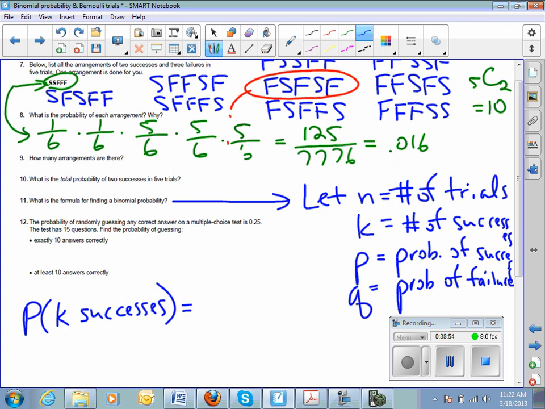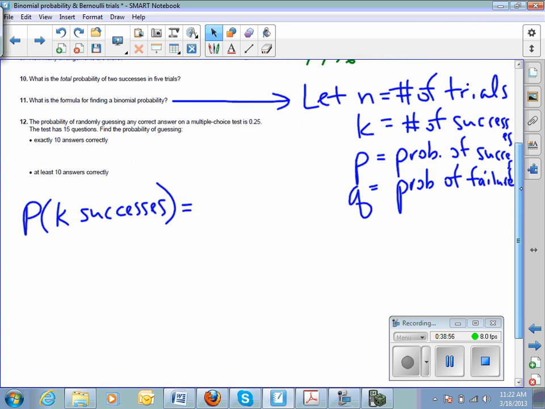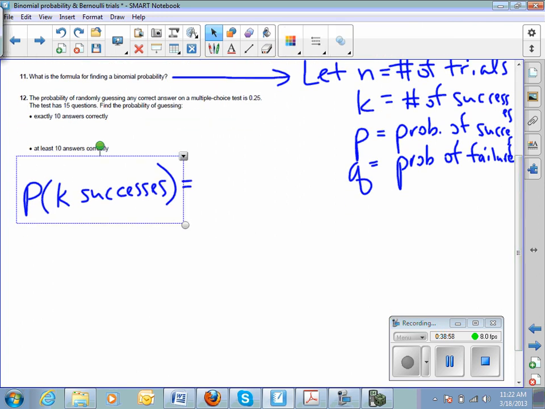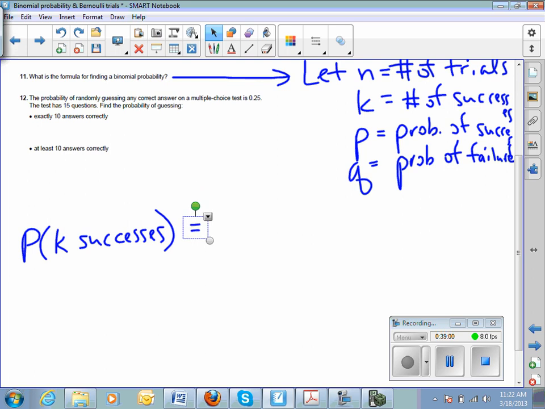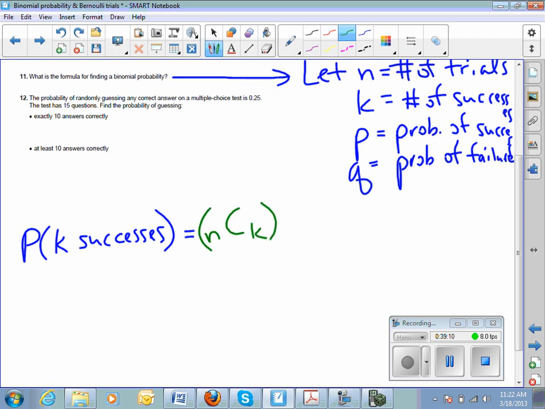So how will we do it? We start with n choose K. Exactly, let's start precisely with n choose K, you're right. And then what? P to the K. Very good.